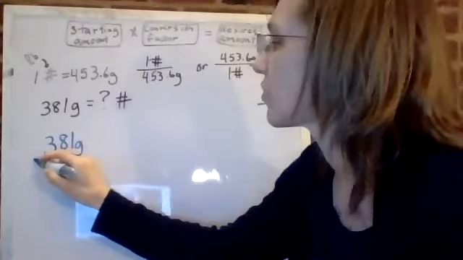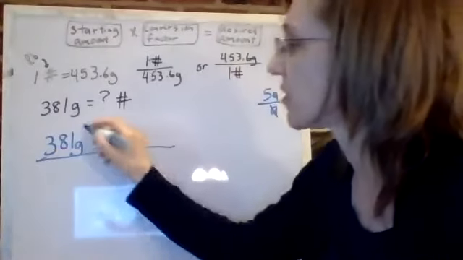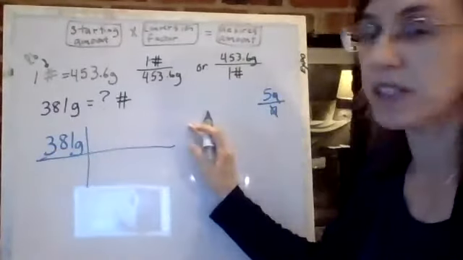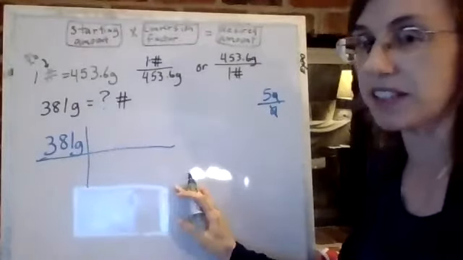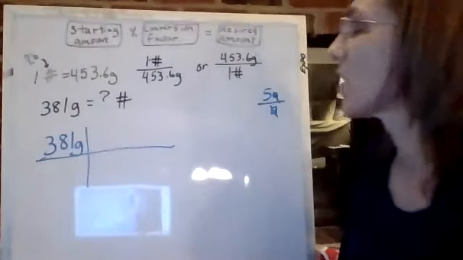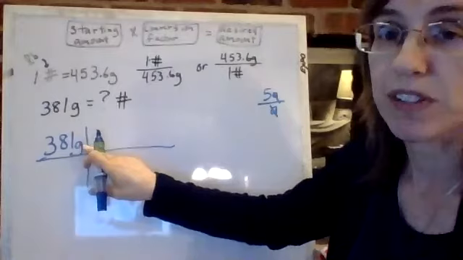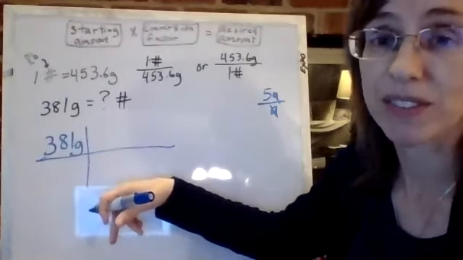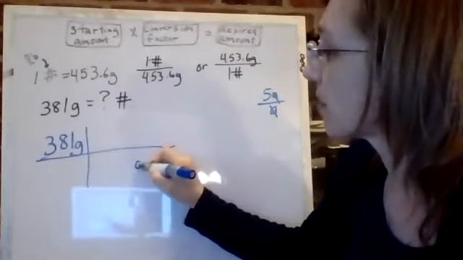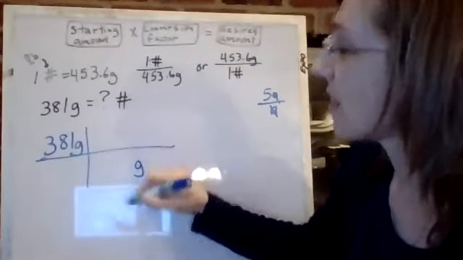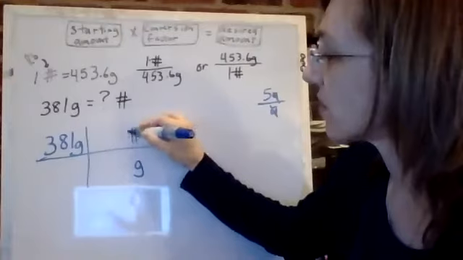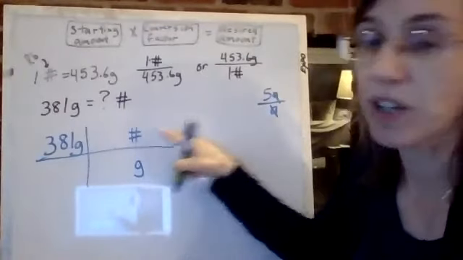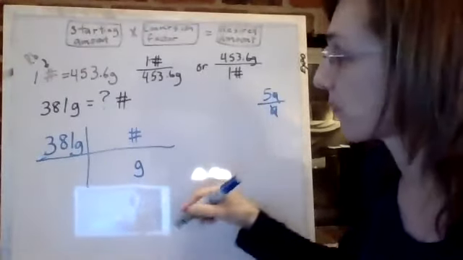So instead of just doing a multiplication sign, I'm going to use this little grid. Everything on the top gets multiplied, everything on the bottom are the things that get divided. So if we have grams on the top, we need grams on the bottom in order to cancel it out. So we're going to put the grams on the bottom, and that means the pounds have to go on the other side of the line.